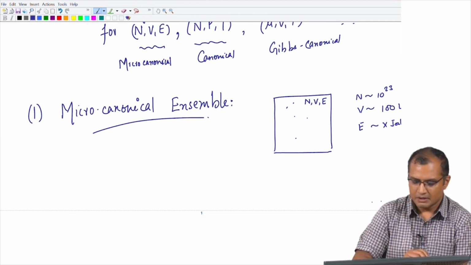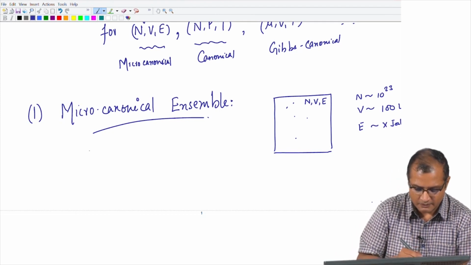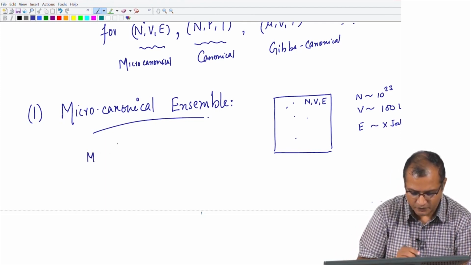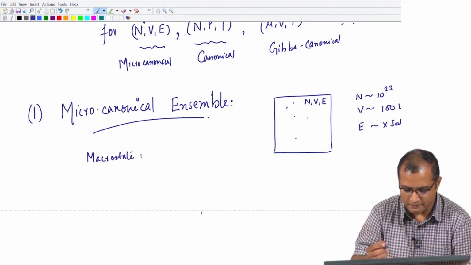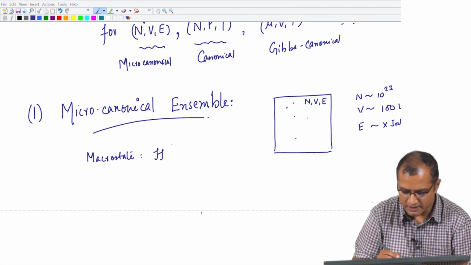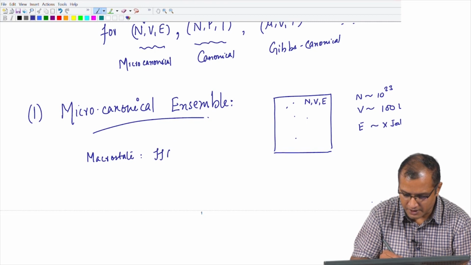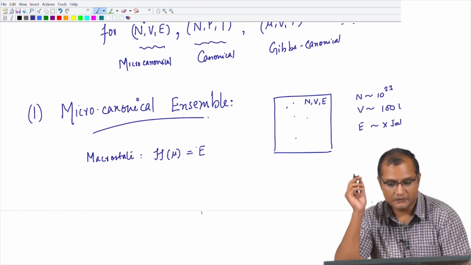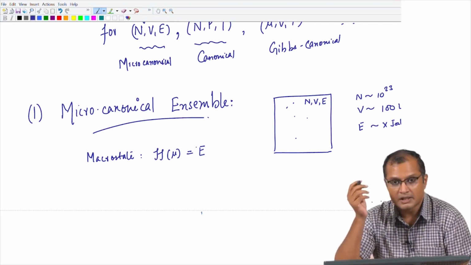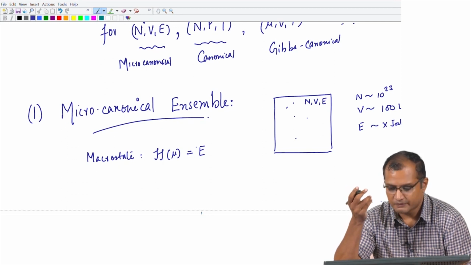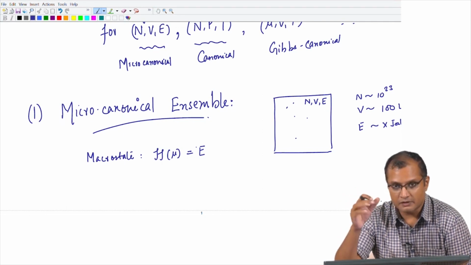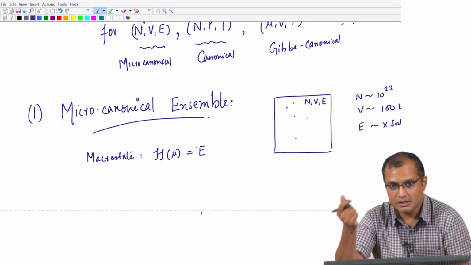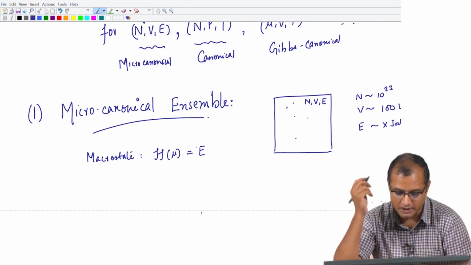By that I mean this is a system where a macrostate is specified by the condition that any microstate will have a Hamiltonian that is nothing but the E that is specified. So, you have specified the energy to be E, and the system could be in any microstate. By microstate I mean the exact position coordinates and momentum coordinates of the particles.